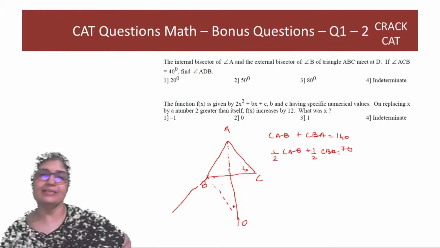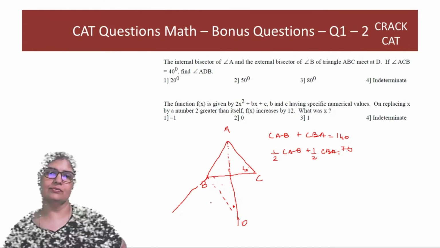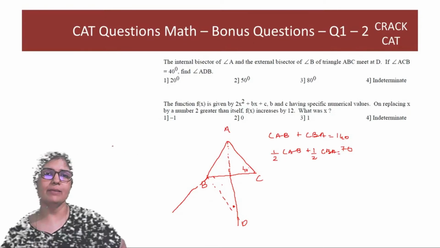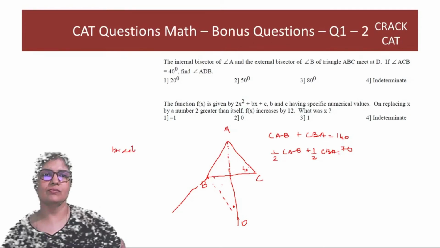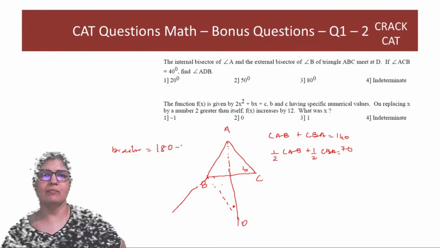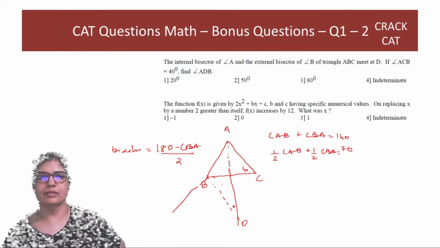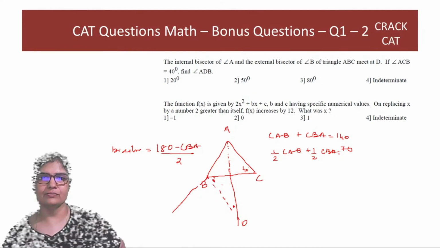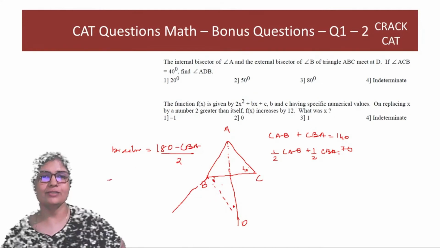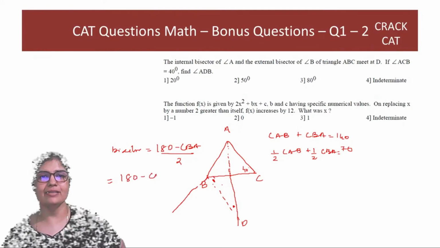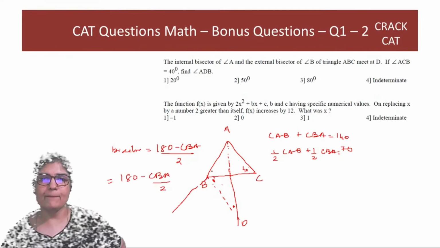Right? But this is the external bisector. So external bisector of B, right, is basically 180 minus CBA divided by 2. So this is that angle. To this we are going to add 180 minus CBA divided by 2 plus CBA.